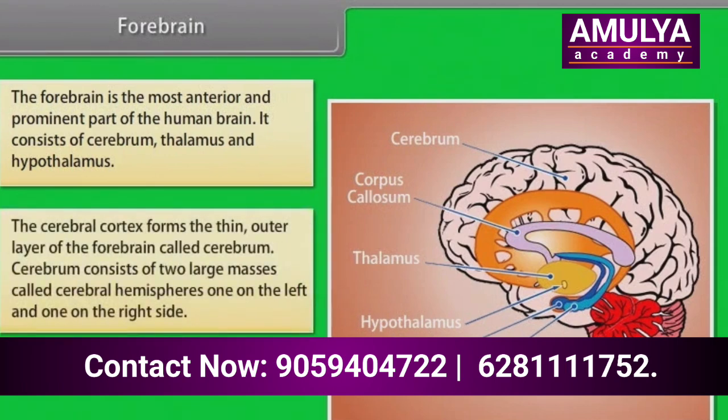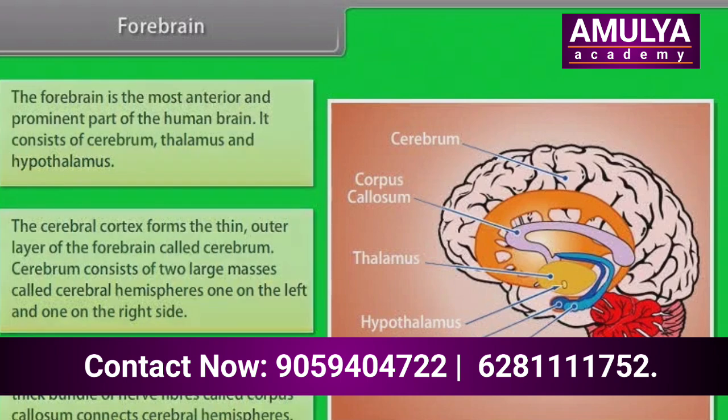The cerebral cortex forms the thin outer layer of the forebrain called the cerebrum. The cerebrum consists of two large masses called cerebral hemispheres, one on the left and one on the right side. The cerebral cortex covers the cerebrum. A thick bundle of nerve fibers called corpus callosum connects the cerebral hemispheres.